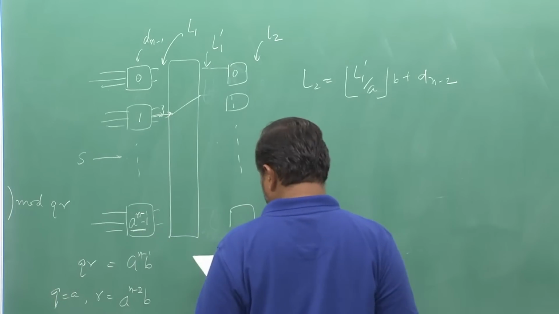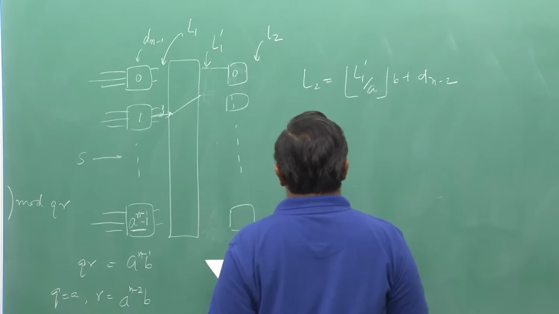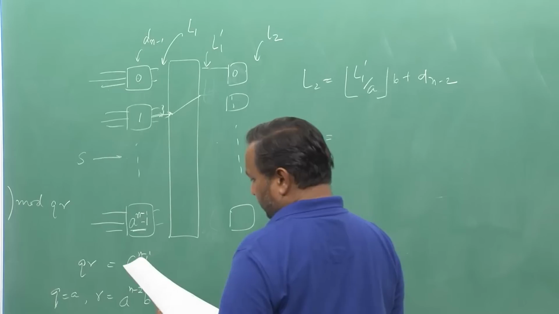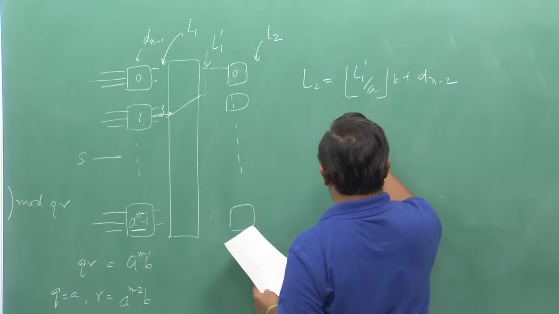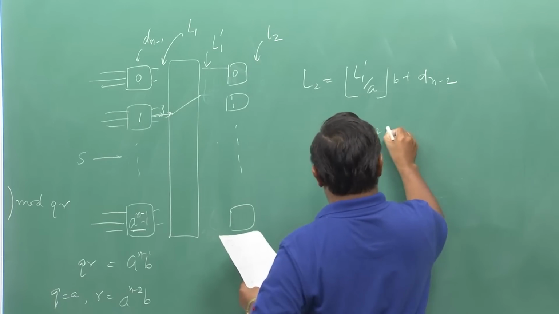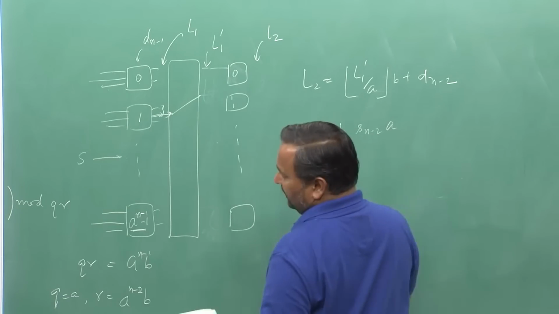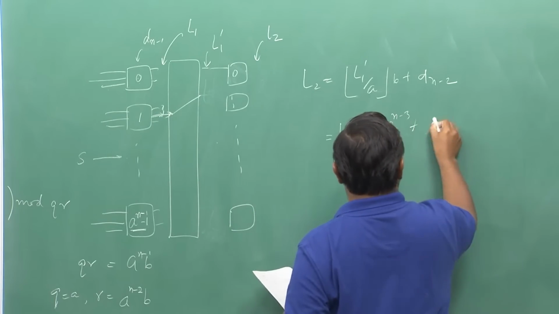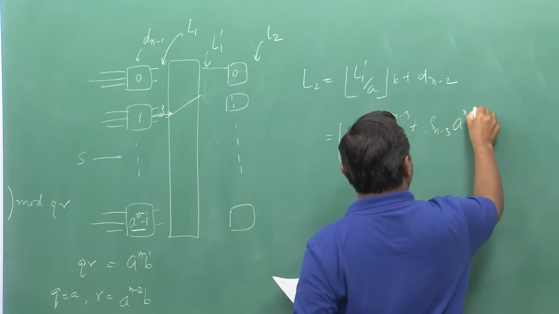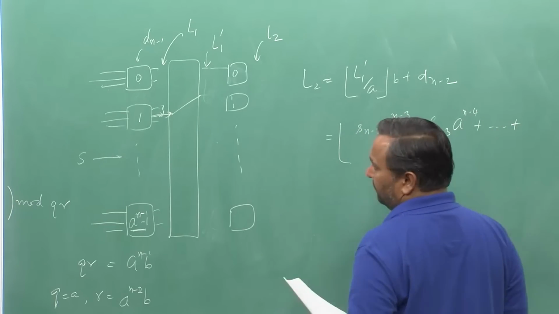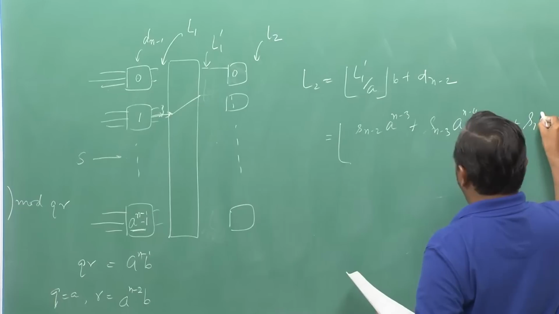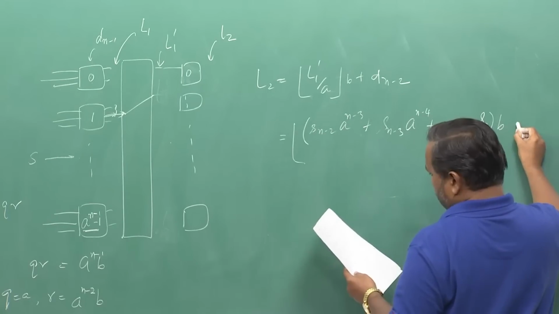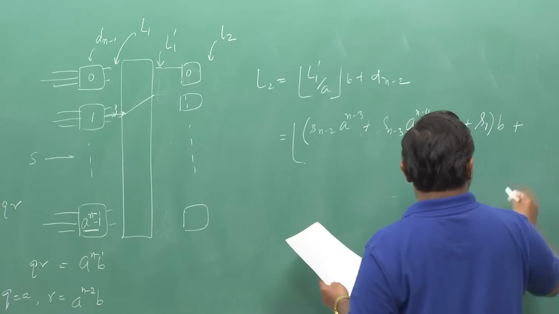Okay. So, I can take the L1 prime from there and put it. So, I am dividing by A, so it will become Sn minus 2 A n minus 3 and S1 Tn minus 1.